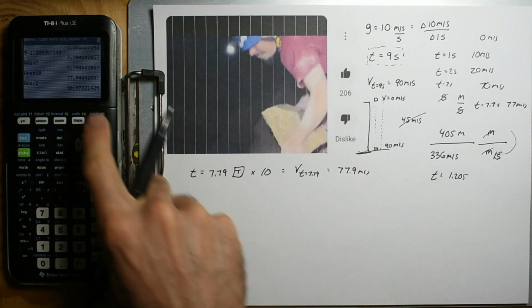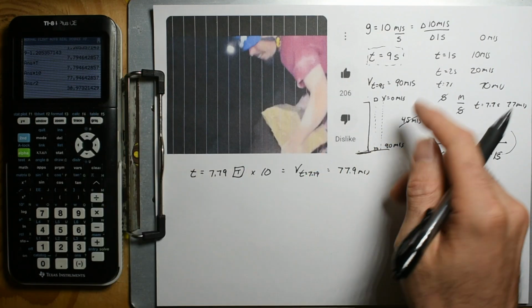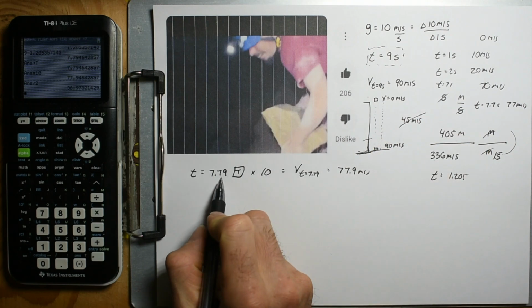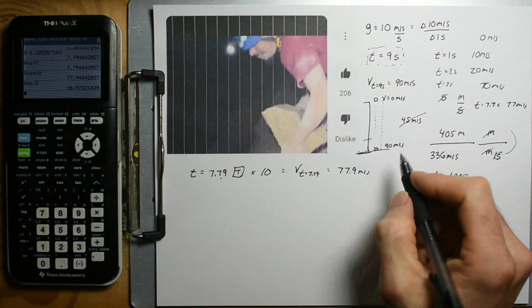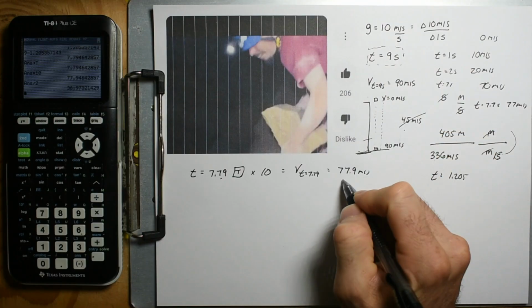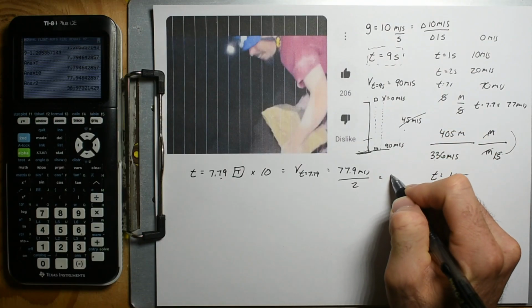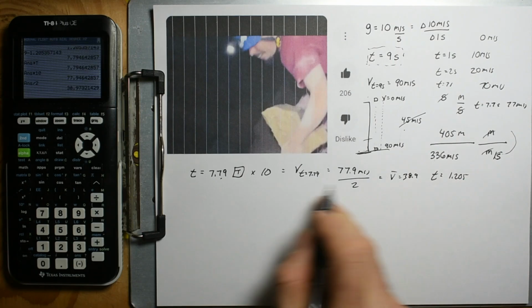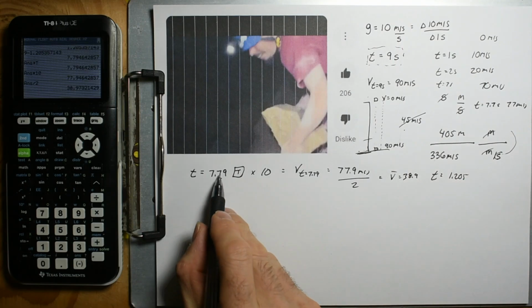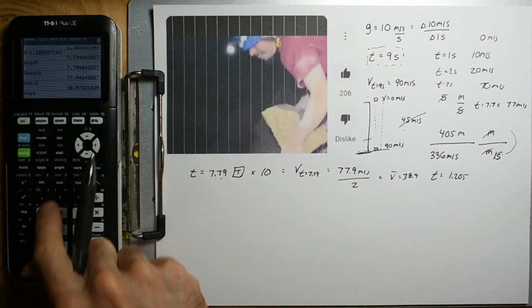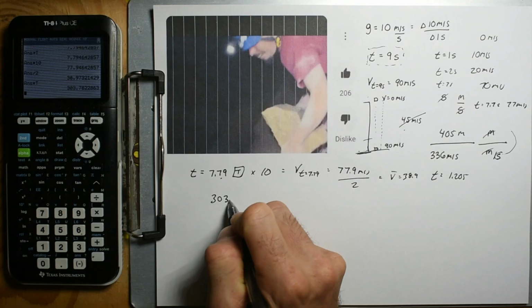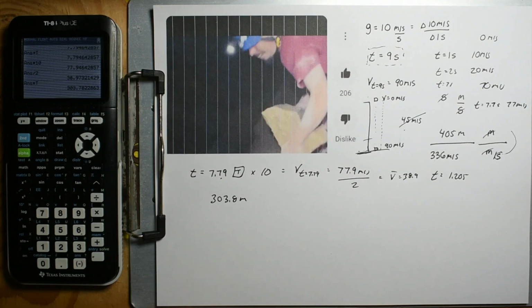So this is our new average speed, 38.9. And we're going to multiply it by that new time, and we get a depth of 303.8 meters. Okay, hell yeah.